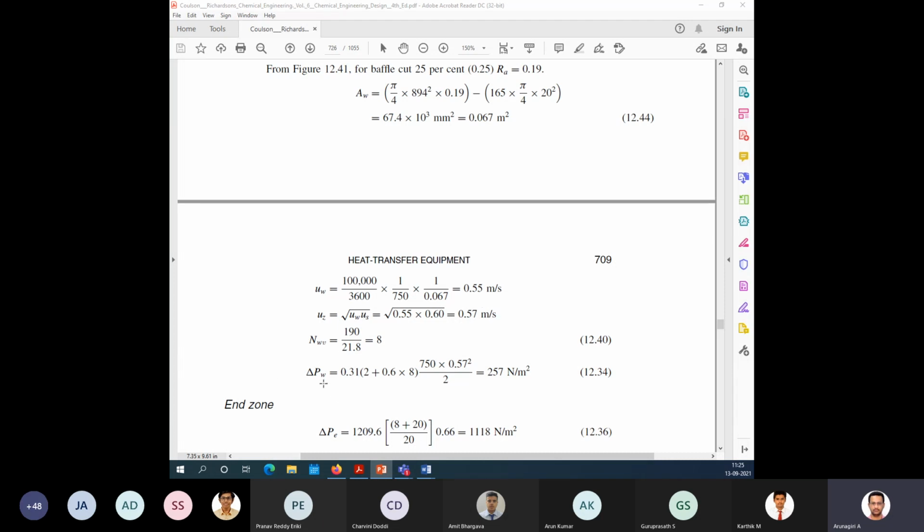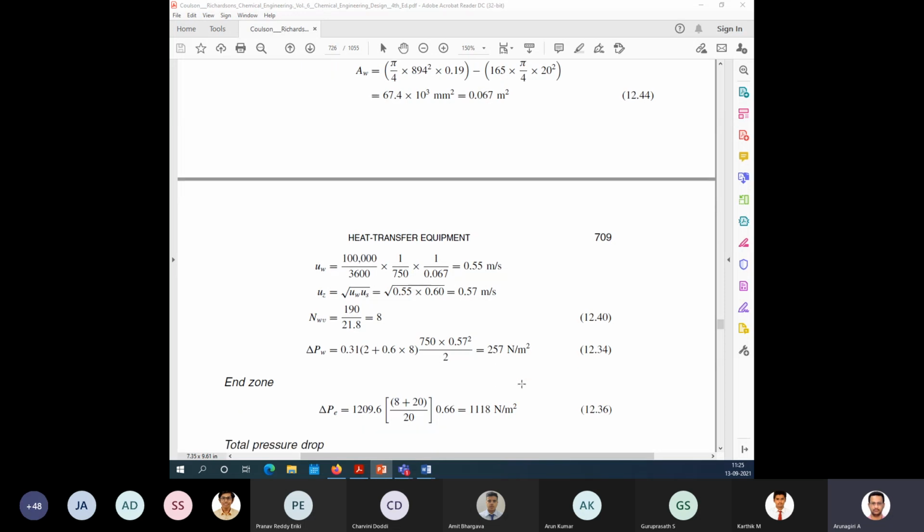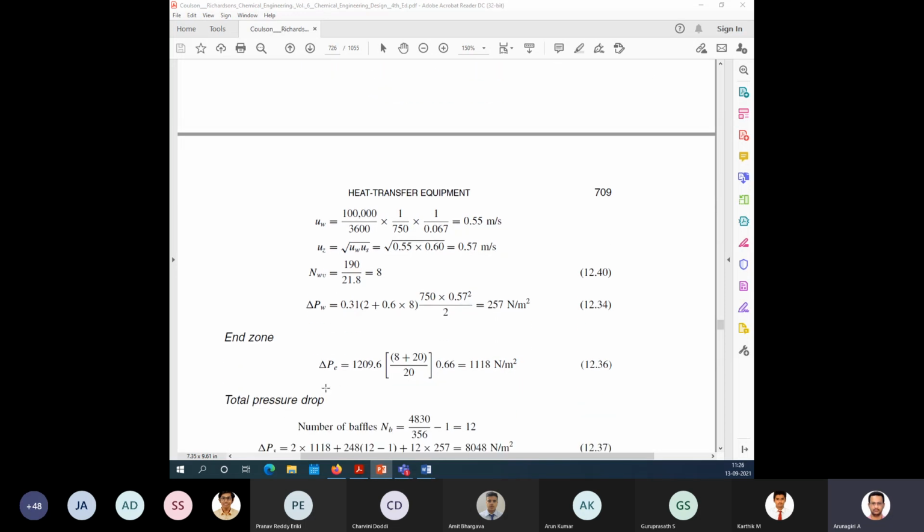Calculate the NWB, then find out delta P W. So delta P W is FL dash into 2 plus 0.6 times NWV into rho UZ square by 2, which is 257 Newton per meter square. Then you have to calculate the end zone pressure drop. This is delta PI times NWV plus NCV by NCV, which is around 1118 Newton per meter square. This is the end zone pressure.